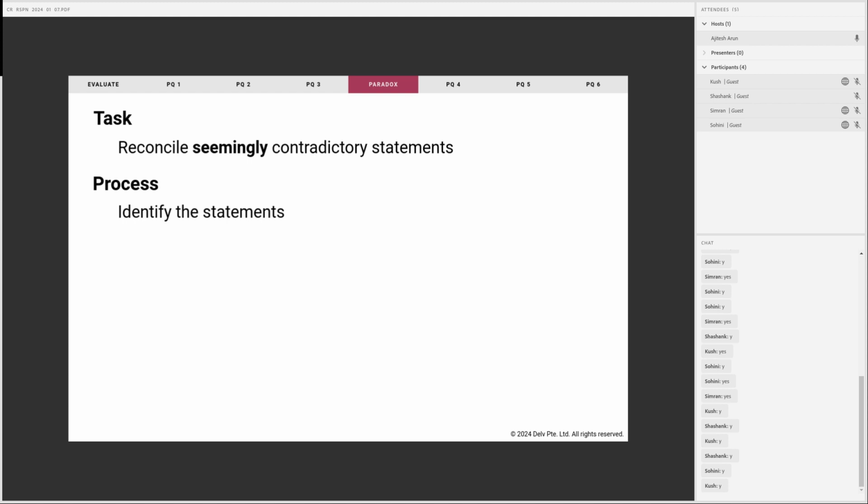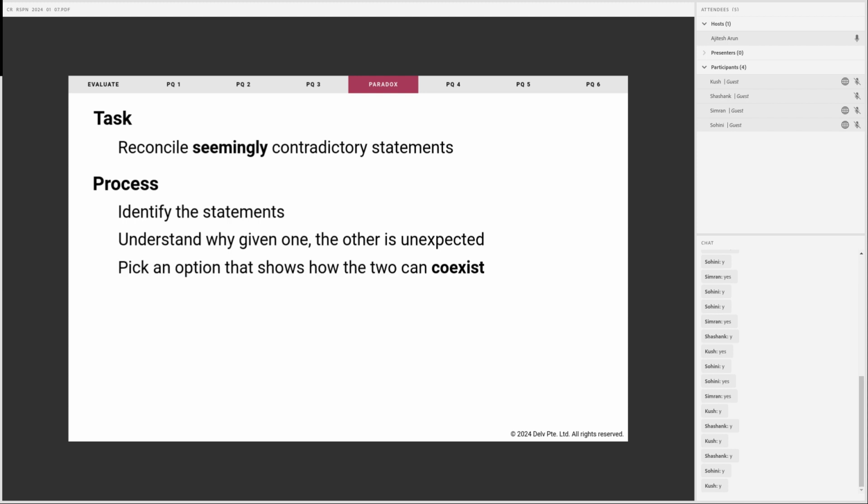Now, the process is very straightforward. It's again to identify the statements that seem to be contradictory, or the situation, you can think of it as the situation. Once you've identified the statements, understand why it's unexpected, right? Why is it surprising that the second one happens given the first one has happened?